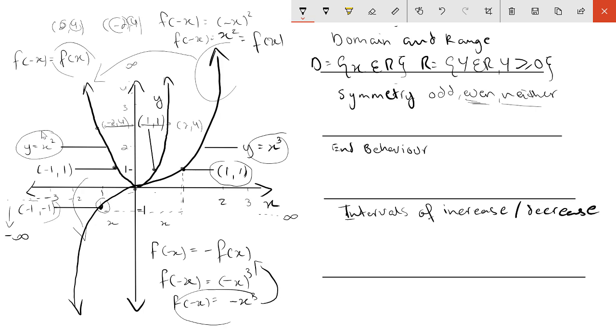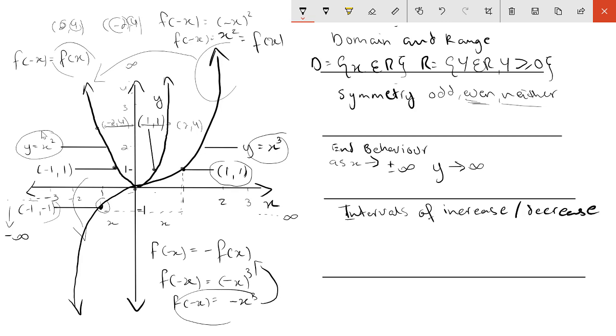So we can write this as x approaches infinity, y also approaches infinity. And if we look at the other direction, as x approaches negative infinity, y is still approaching positive infinity. So we can rewrite this as x approaches positive or negative infinity, y approaches infinity.